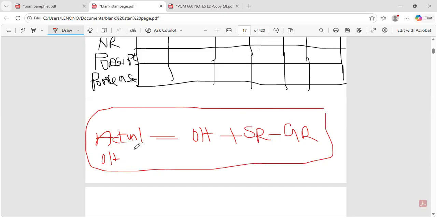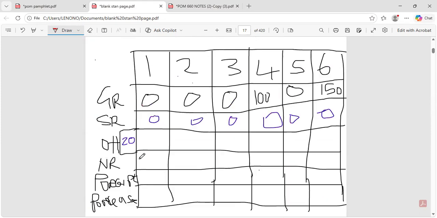On hand plus scheduled receipts minus what? The gross requirements. On hand plus scheduled receipts minus the gross requirement. So add these two. 20 plus 0 minus 0, the answer is 20. Then here, 20 plus 0 minus 0, the answer is 20.